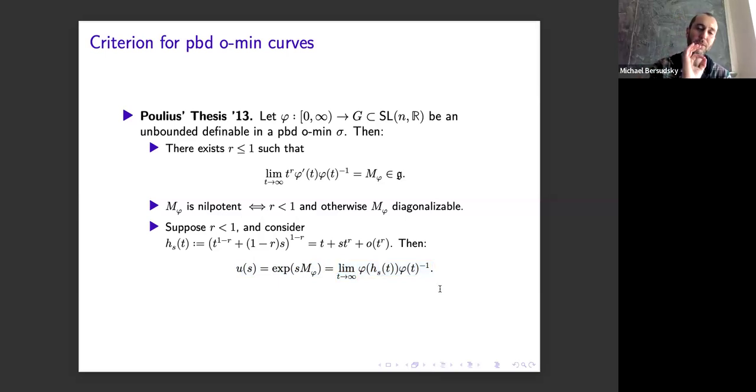So if you take your curve, differentiate coordinate-wise, consider this matrix expression, and find this r, if r is smaller than 1, then you have unipotent invariance when you average along the curve.